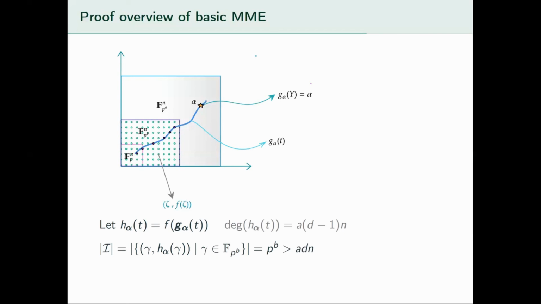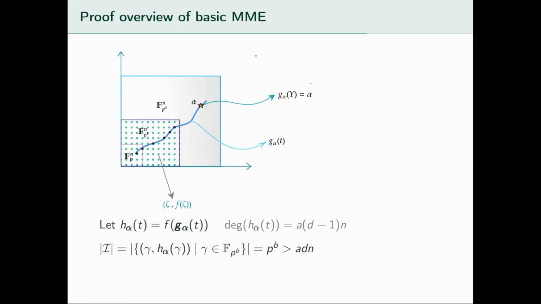So the degree of h_alpha(t) is at most a times (d minus 1) times n. So I am saying you pick the smallest b such that p to the power b is strictly greater than adn. In the initial pre-processing step, we pick the smallest such b and do the pre-processing.